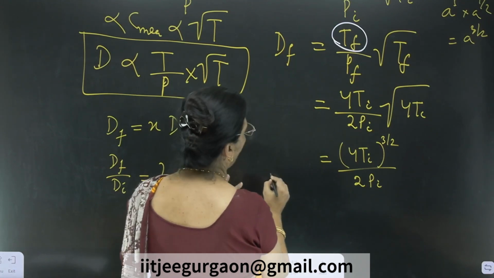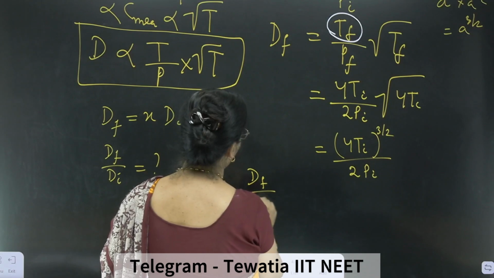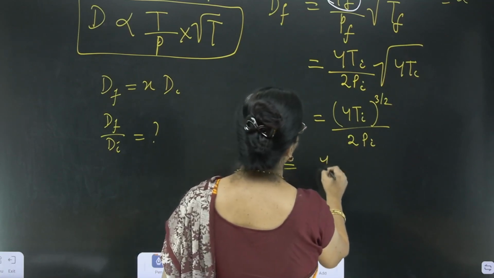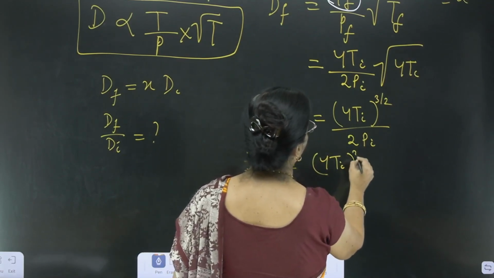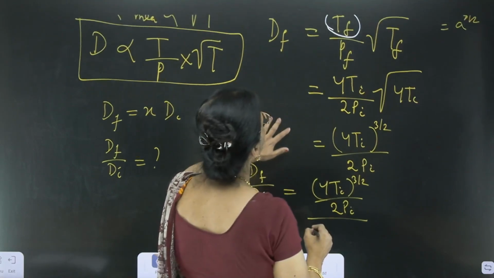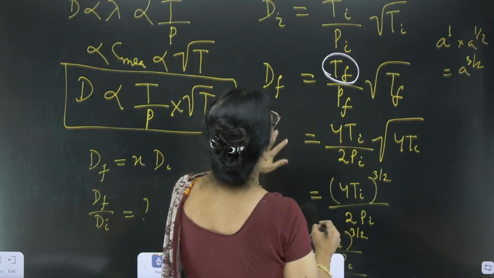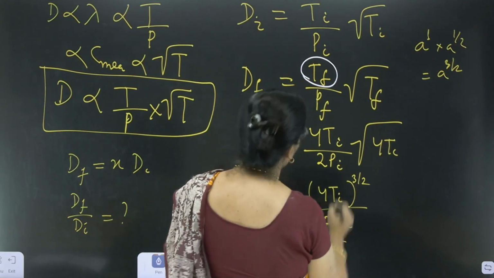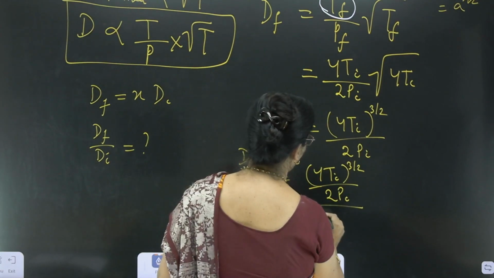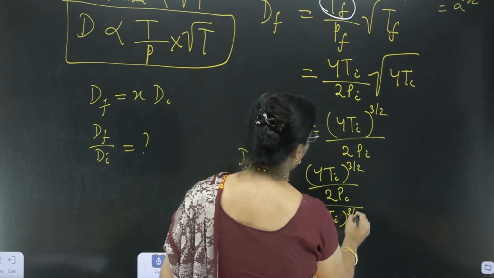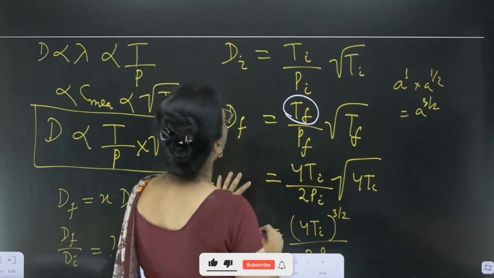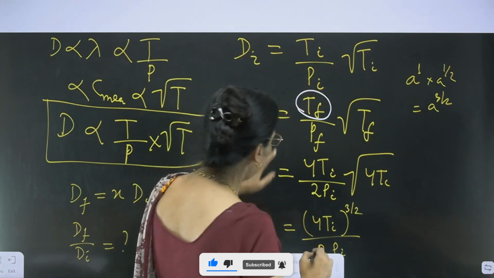Now Df by Di is equal to 4 Ti to the power 3 by 2 divided by 2 Pi, divided by Di, which is Ti into root Ti, equal to Ti to the power 3 by 2, divided by Pi.